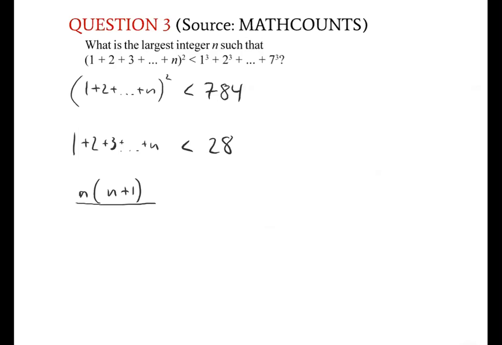Oh, I meant less than, not less than or equal to. So n times n plus 1 divided by 2 is less than 28, and this is equal to n times n plus 1 is less than 56, and we just have to find the biggest n in this case, and that's 6.